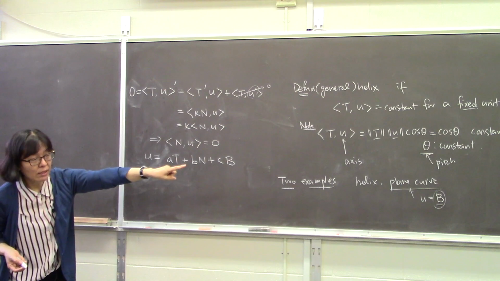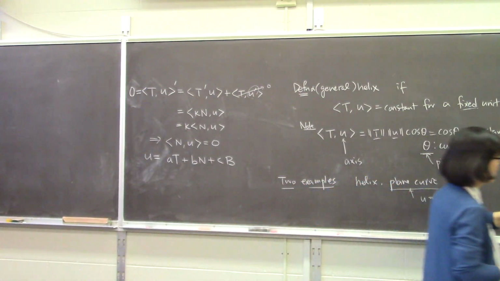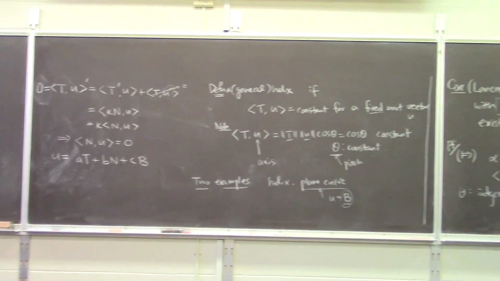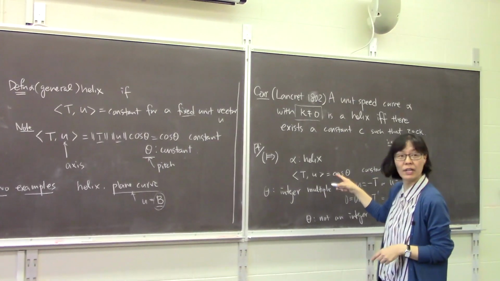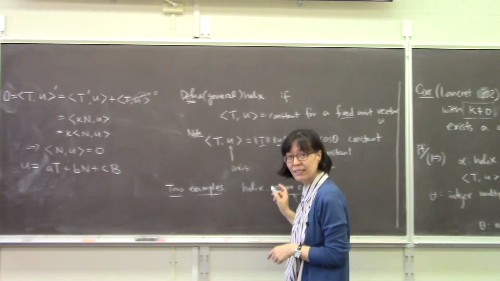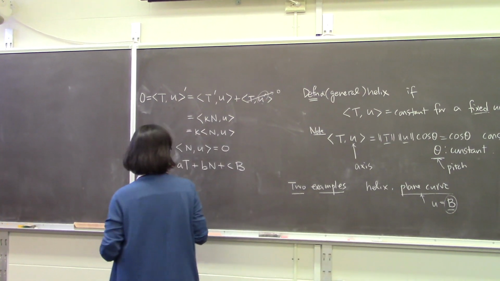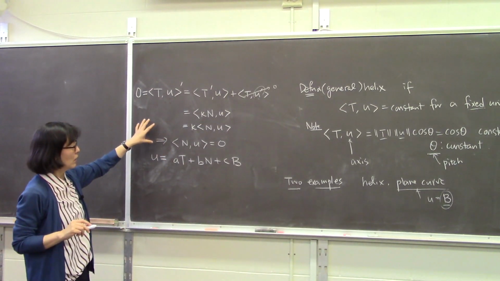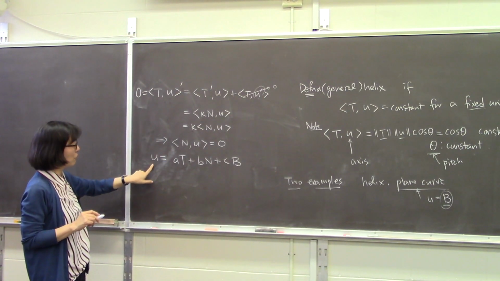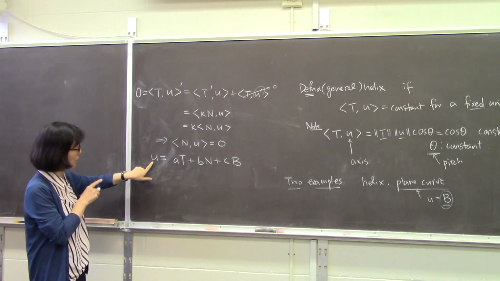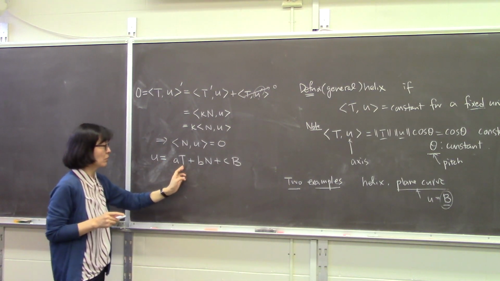Helix. That is constant. So the derivative is 0. Right? Okay. So we can write u, this fixed existing vector, in terms of the orthonormal basis.